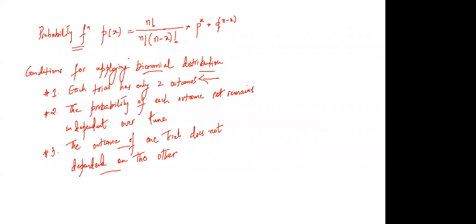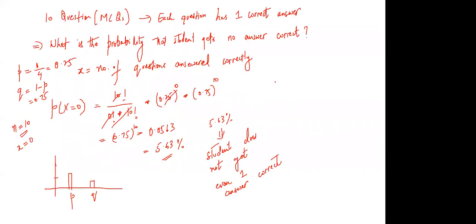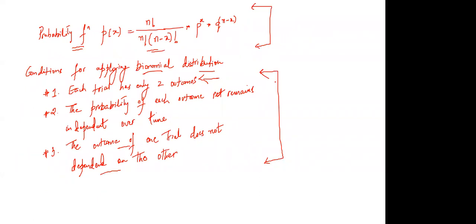ये probability function हम कब use करेंगे? We'll take an example to see how this probability function works. But let's write down this probability function as well as these three conditions that you need for applying a binomial distribution. हाँ, n factorial divided by x factorial into n minus x factorial into p raised to power x into q raised to power n minus x.